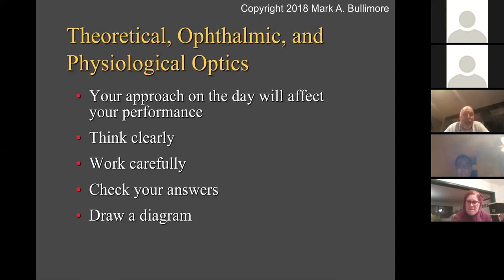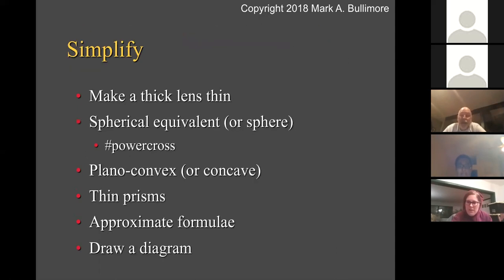There we go. Anyway, so what I encourage you to do is to simplify anything you encounter as far as optics is concerned. If you are given a lens of thickness, or where you think it's a thick lens, figure it out first of all by making it thin. If you're given a toric lens, figure it out as a spherical equivalent or a sphere, but it's also important for some instances to draw a power cross.